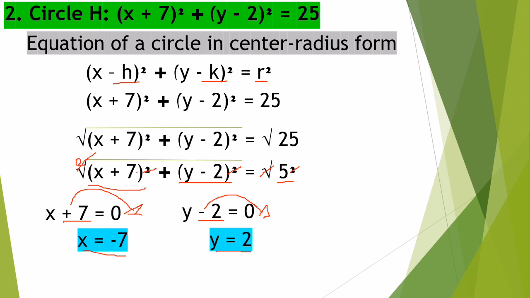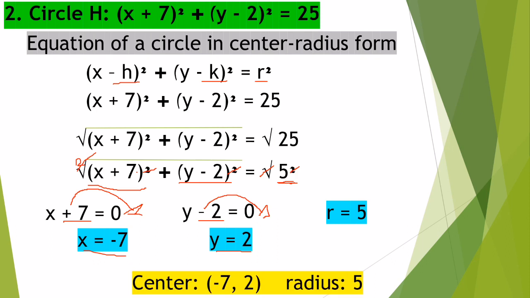At syempre, ang ating r, hindi na natin siya pwedeng i-equate by 0 kasi perfect na po siya. Wala naman siyang variable. Kaya ang ating r ay 5. Therefore, the coordinate of the center is negative 7 and 2 and the radius is 5.